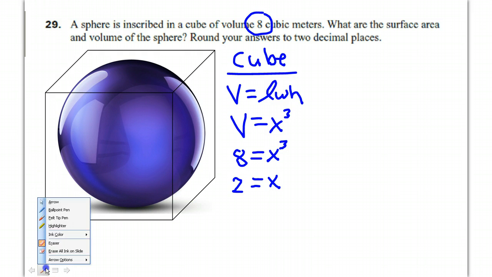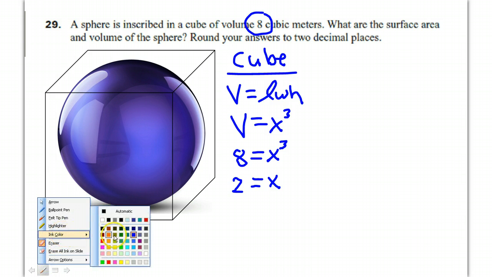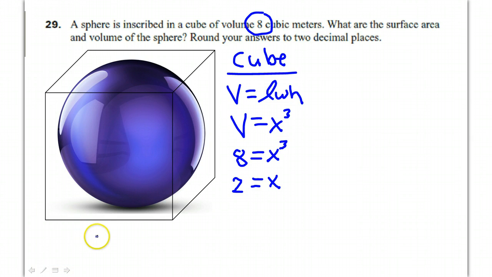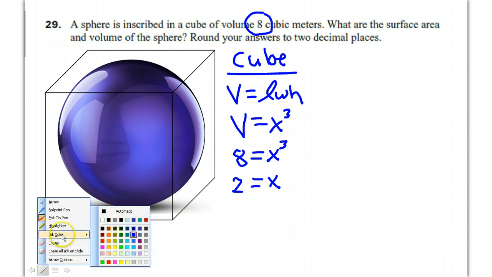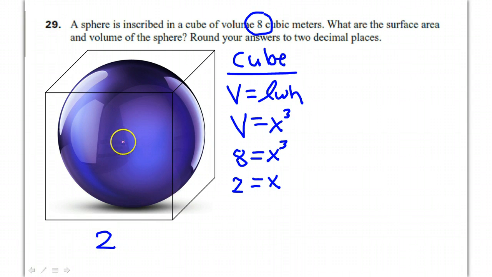But look, if x is 2, that means this edge of the entire cube is 2. But what does that tell you about the radius of the sphere, though? Wait, the whole distance across is 2. So the radius is going to be 1.